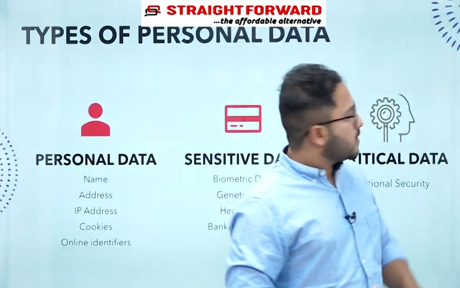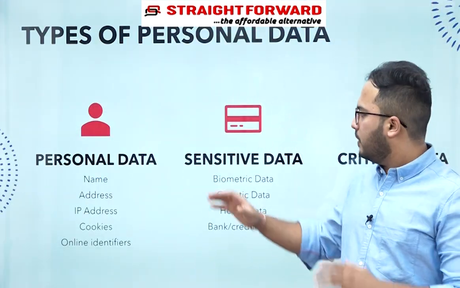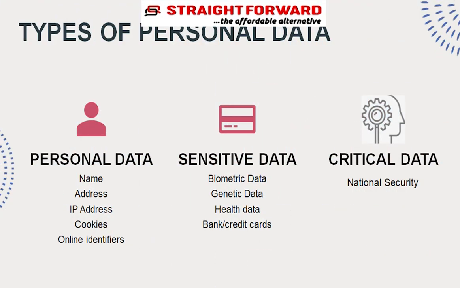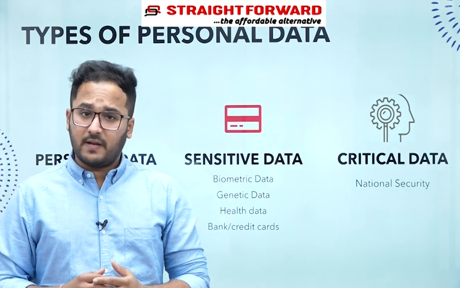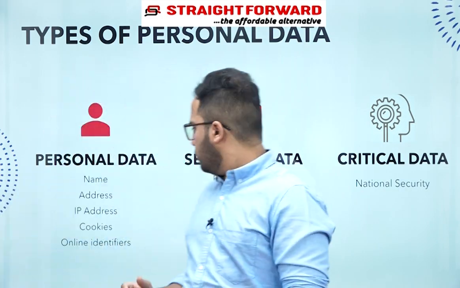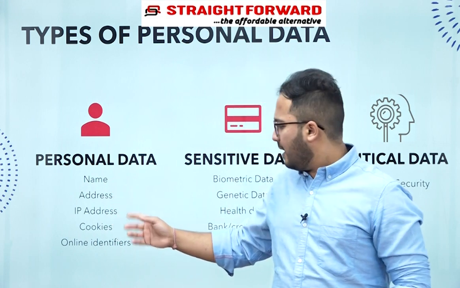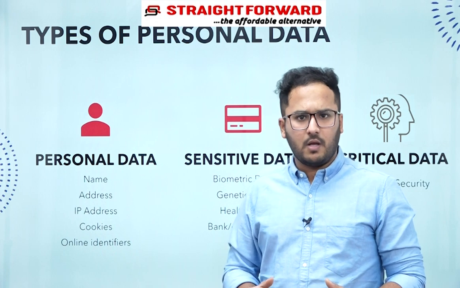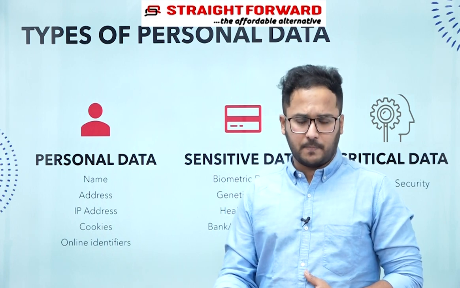As per the Personal Data Protection Bill, the major classification of personal information is personal data, sensitive data, and critical data. If I talk about personal data, it includes name, address, IP address, cookies, and any form of online identifier which leads to your identification.